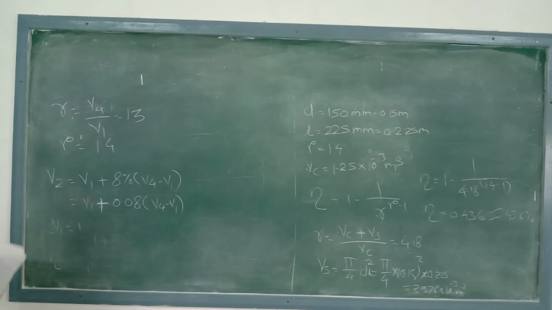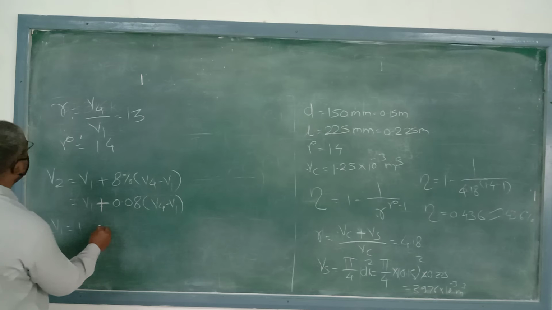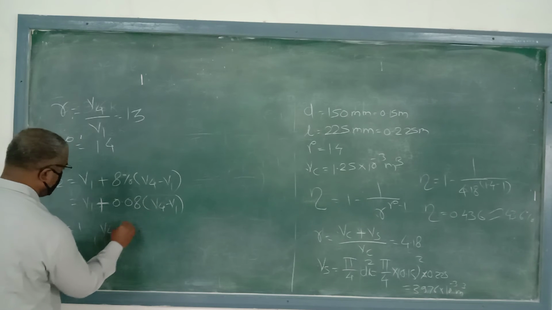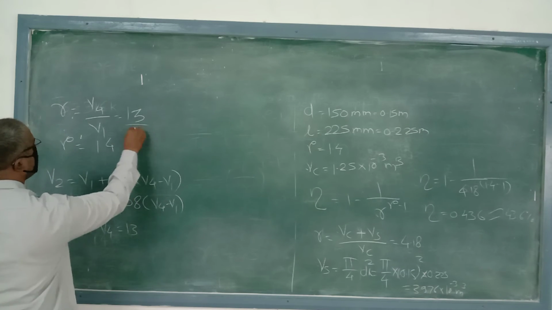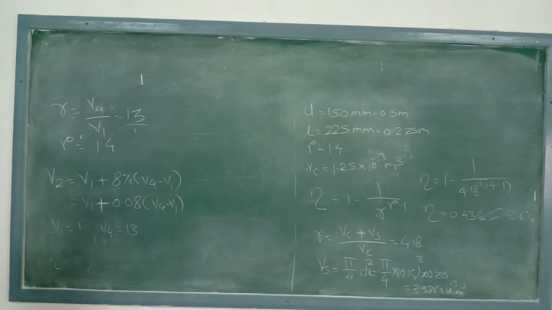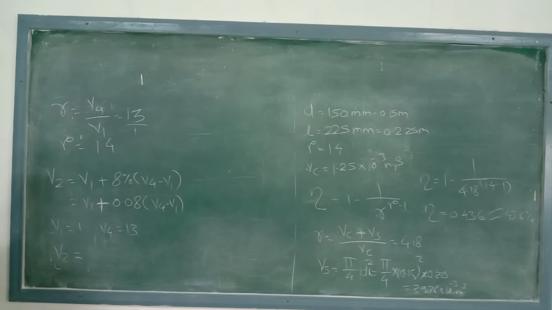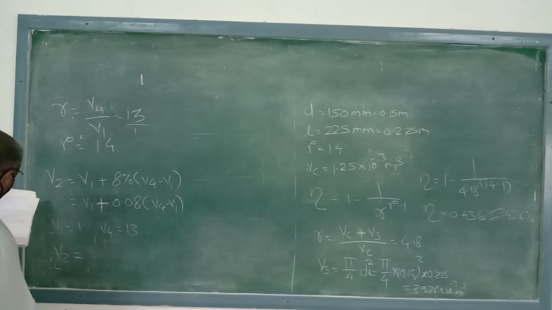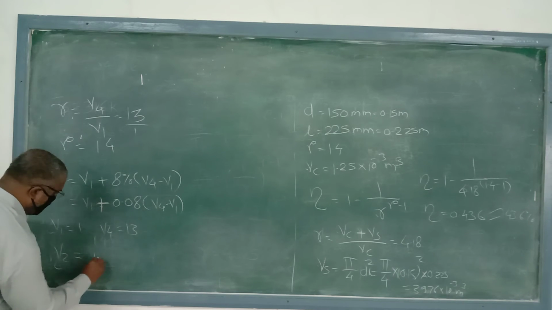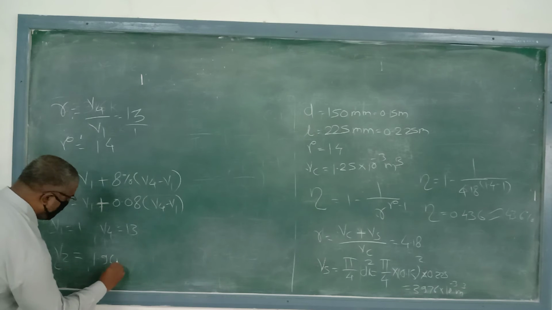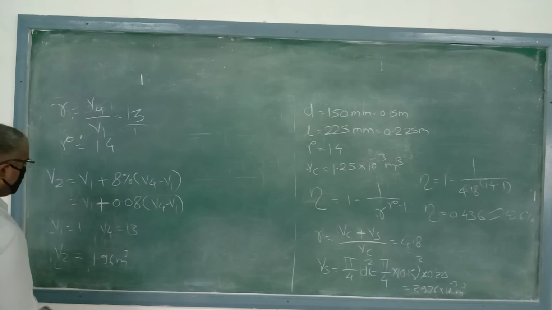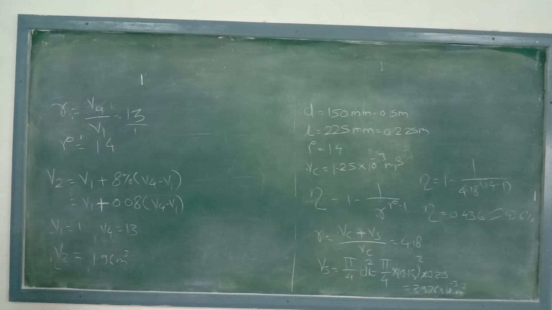Now here V1 they have mentioned. Okay. Next, before they have given 13, because they have given 13 as to 1. So before value, V1 value they have mentioned. We can calculate the value of V2, and we got the value of V2 is 1.96 meter cube.